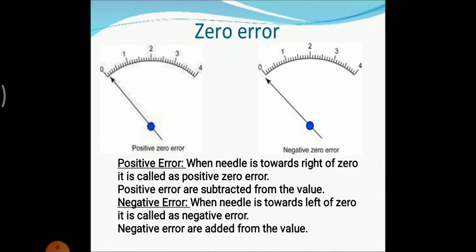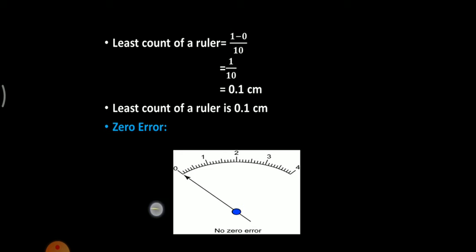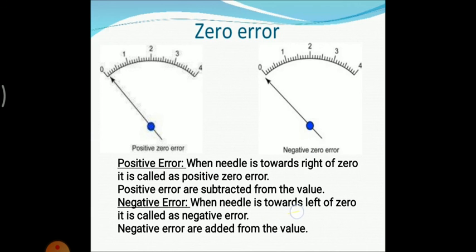Zero errors are always subtracted from a value. Whatever quantity or distance you are measuring, the positive error of the instrument will be subtracted from it. In a similar manner, negative error is when the needle is towards the left of the 0.